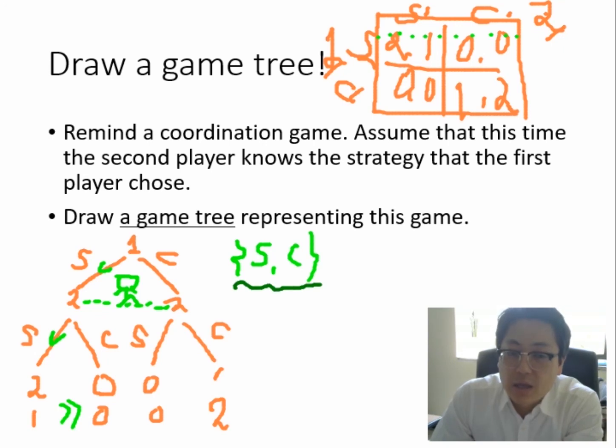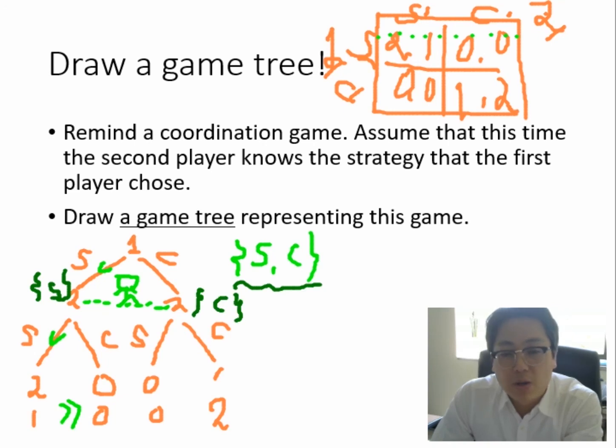That's it. If I eliminate this dotted line, so the nodes are in different information sets, surely the information the second player has here will be that the first player chose S, or here that the first player chose C. So the information is different.